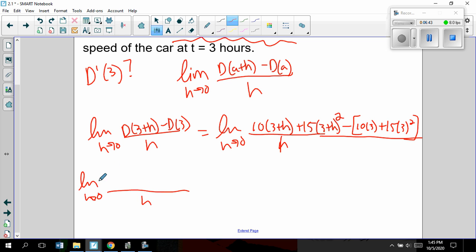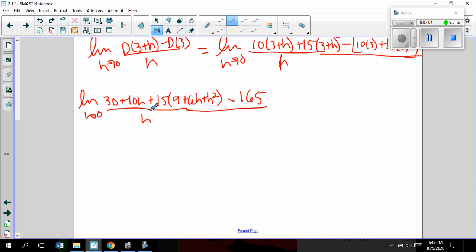So I would have 30 plus 10h plus, okay, now I'm going to FOIL this together. So I'd have 9 plus 6h plus h squared minus, and that thing is 165. You calculate that out. Okay, I'm going to distribute my 15 in, so limit h goes to 0. Sorry, those are a little bit sloppy.